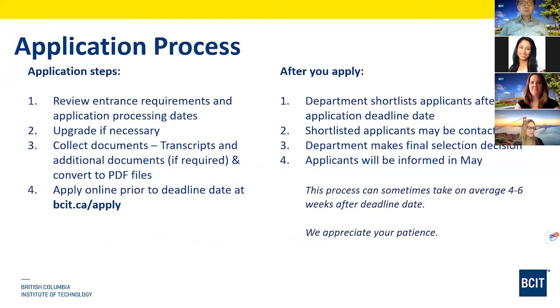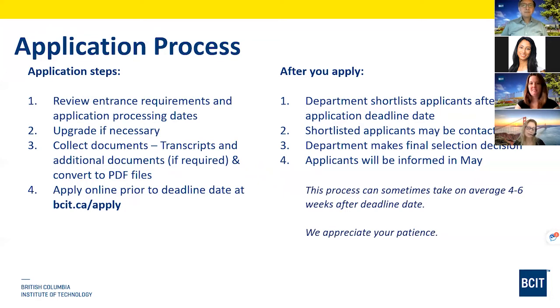So I've outlined the steps to applying to the biomedical engineering program in this slide, and it's important to note that our application process is entirely online. So you'll be self-reporting. So step one is applying, and we've already talked about reviewing and ensuring that you meet the entrance requirements. We've also talked about the application processing dates. If you don't meet the entrance requirements, you will need to upgrade.